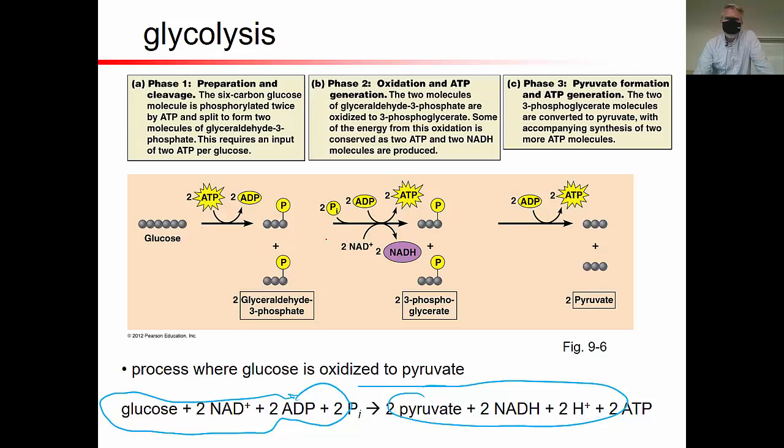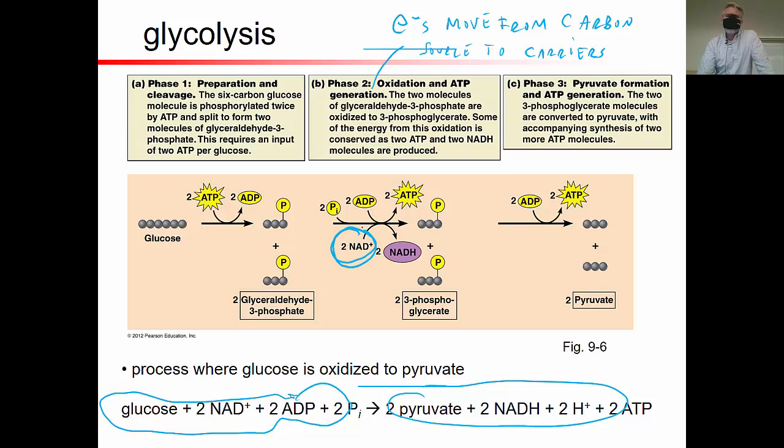What happens in the oxidation step is electrons, which we just draw like that, move from the carbon source to carriers. Electrons always have to go somewhere, and where they go is into these carriers, which are called NAD+. So 2 NAD+ each pick up 2 electrons, and we form 2 NADH.